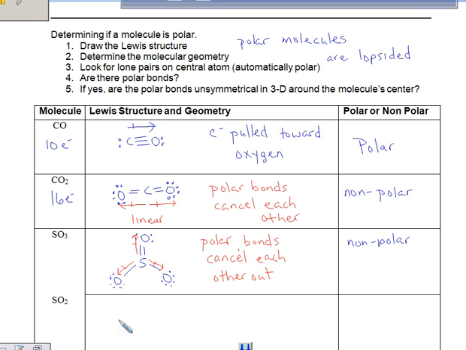Let's take a look at sulfur dioxide. And if we draw the Lewis structure for this one, we get a Lewis structure that looks like this. Now, at first glance, you might say, well, this is linear, and these two sulfur-oxygen bonds are canceling each other out. But remember, you've got the lone pair here.